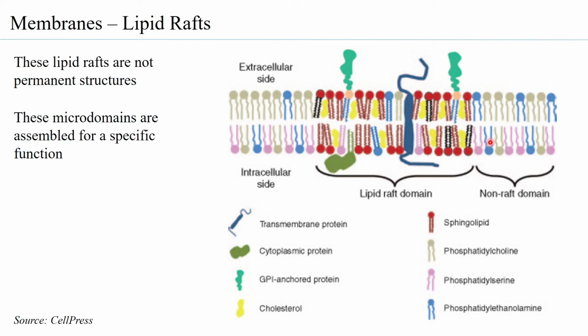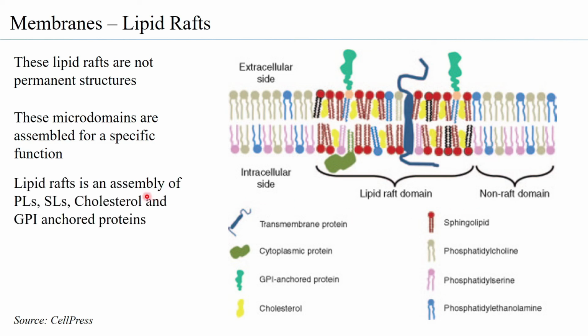Now, lipid rafts are typically an assembly of phospholipids, sphingolipids, cholesterol, and GPI anchored proteins. Whenever one looks at what lipid rafts are made up of, these are the components most commonly found in them.